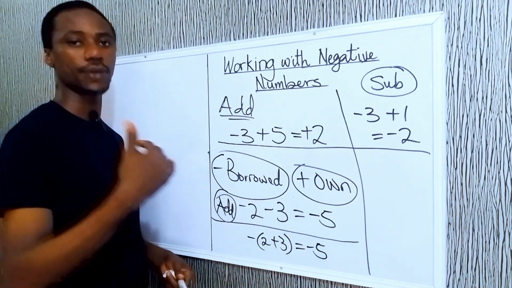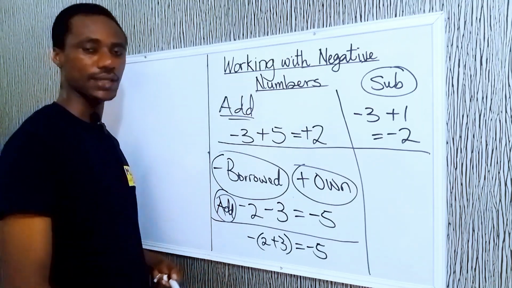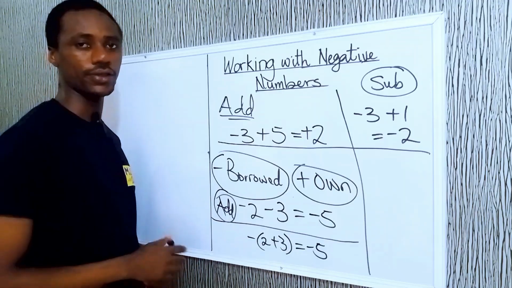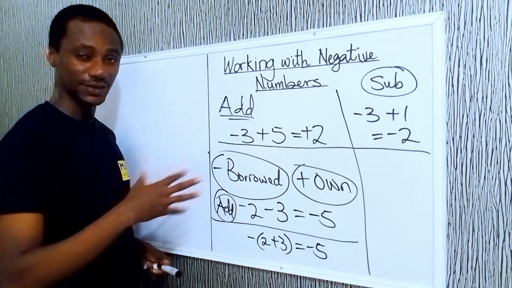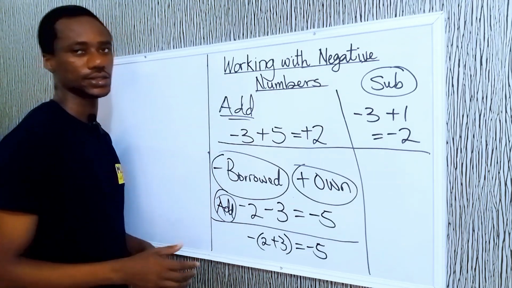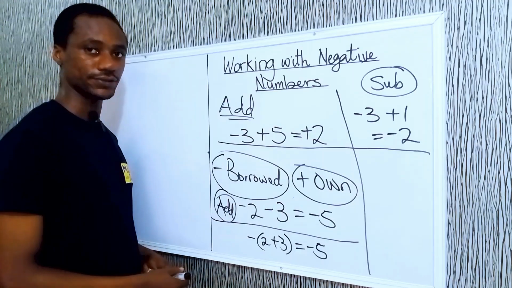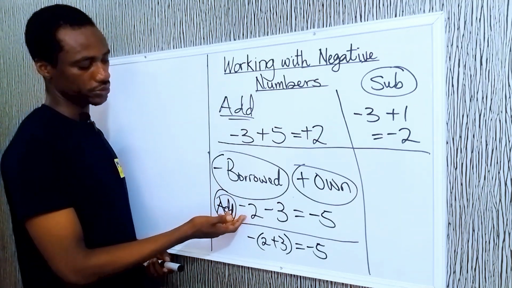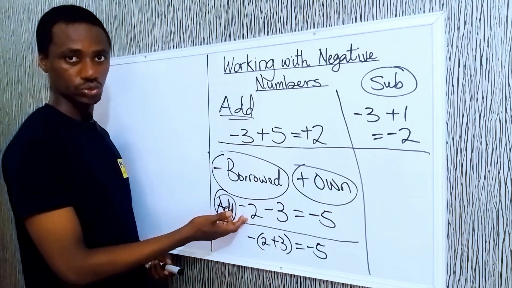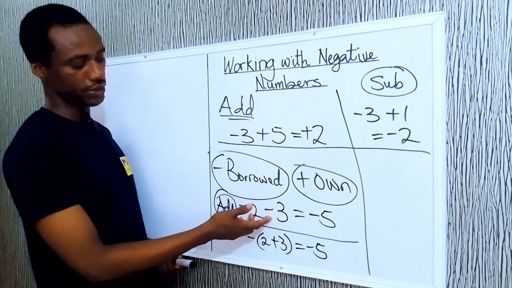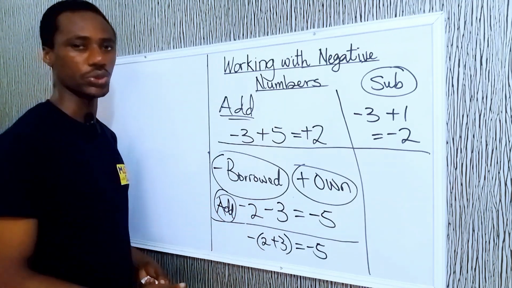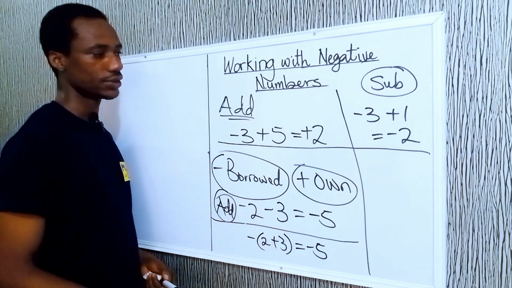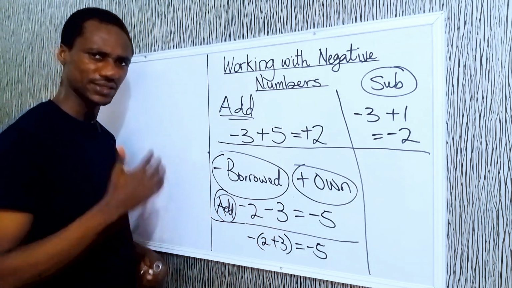So when you have minus this, minus this, minus this, just put everything together and add, and your answer takes the minus. Your answer is negative. I've explained that here you borrowed 2 pounds and borrowed another 3 pounds. Altogether, you're owing 5 pounds, because you've not paid back any. I believe that is clear.